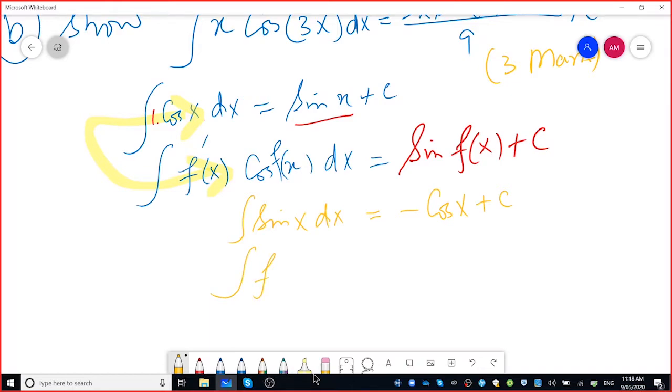So we have f'(x) sine f(x) dx. What would be the answer? It'd be negative cos f(x) plus c. Yeah, that's good. You understand that.